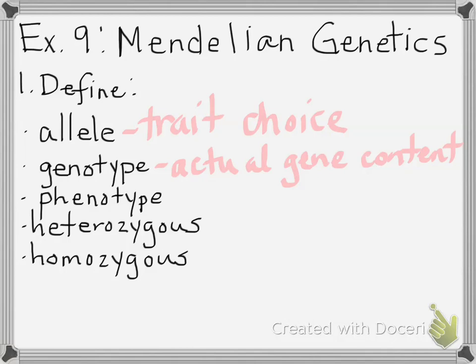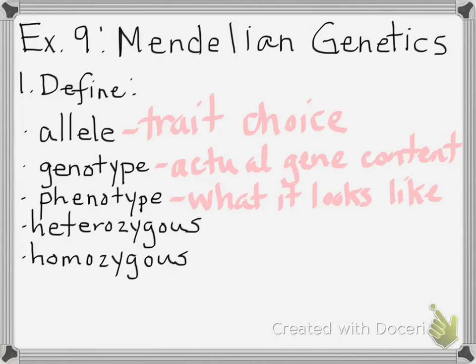Genotypes use letters. Phenotype is what it looks like. So yellow is a phenotype.